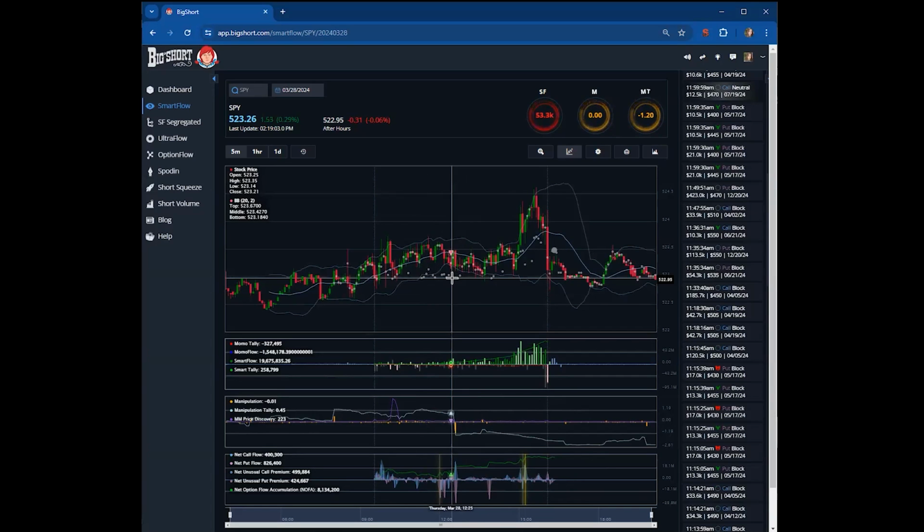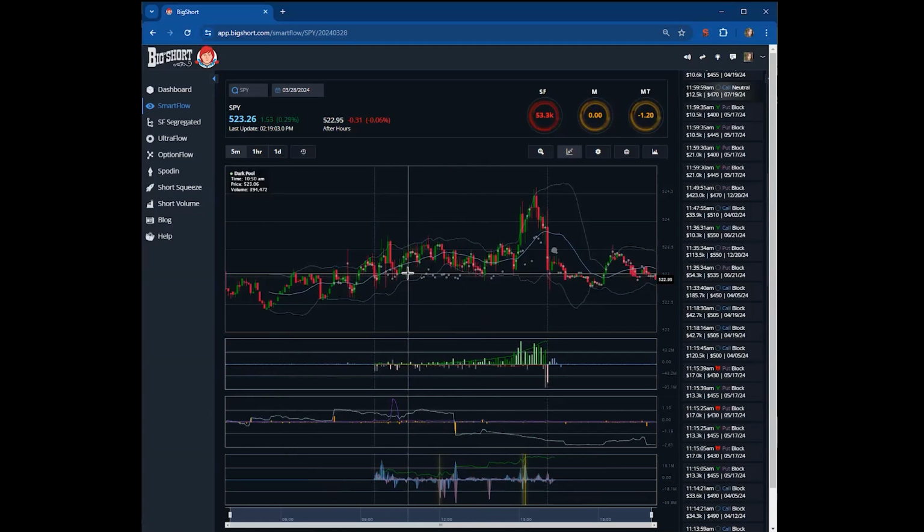Sometimes those are delayed and sometimes they're not. Yeah, I would say that we show them live as they come in, but due to the nature of dark pool prints, they're sometimes reported later than they actually transacted.